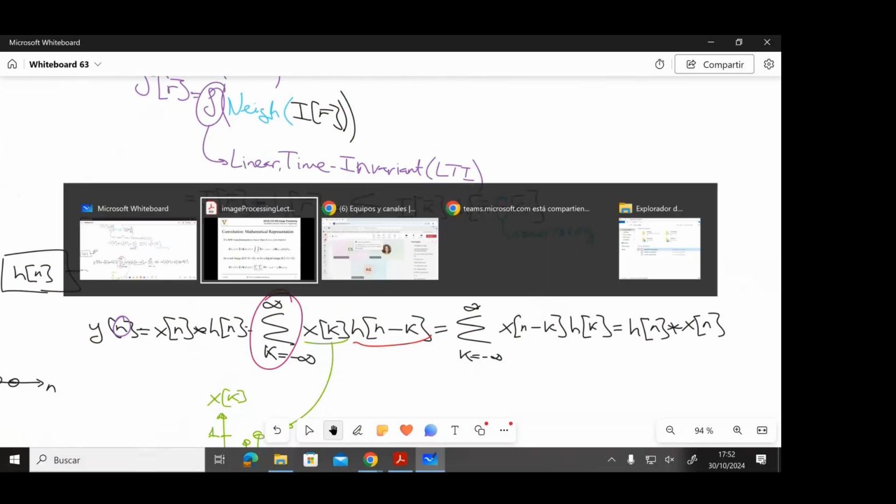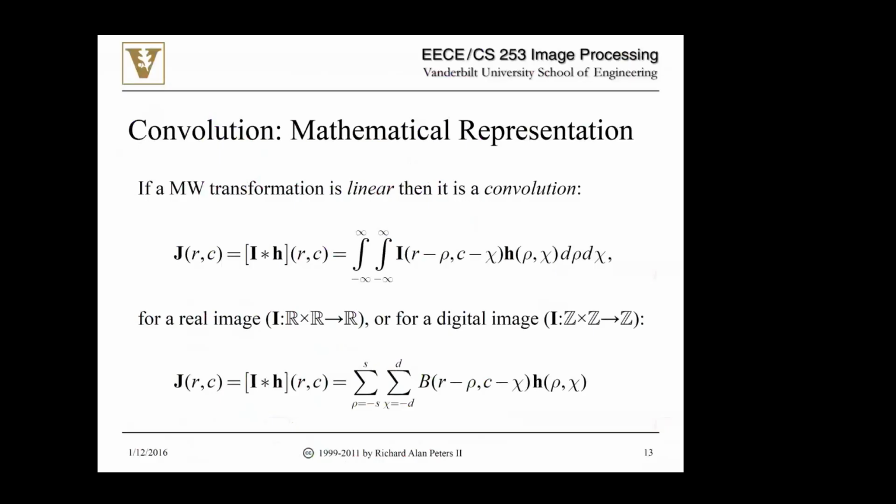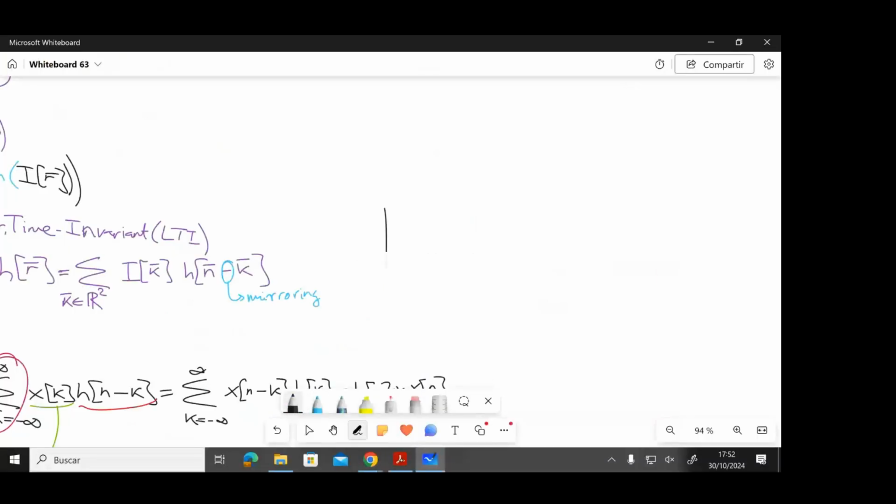Here we have it. So the expressions are the same. I have expressed it as a function for discrete signals. We can write the convolution for continuous signals. So the equivalent of these in multiple dimensions, and for continuous images, would be something like this.